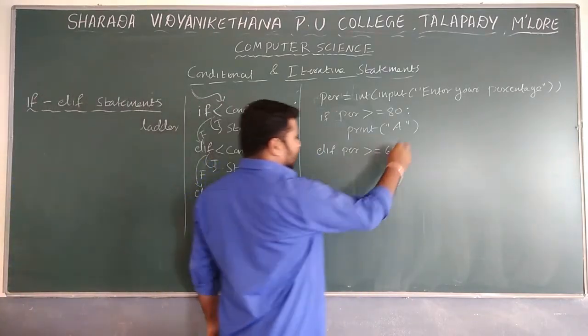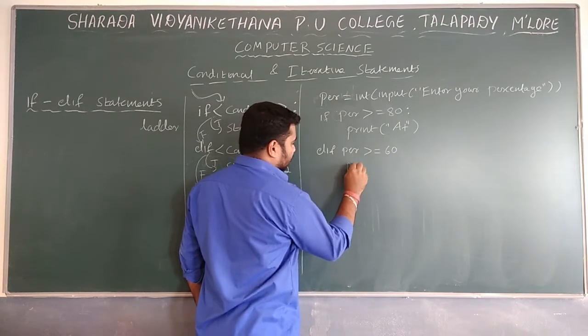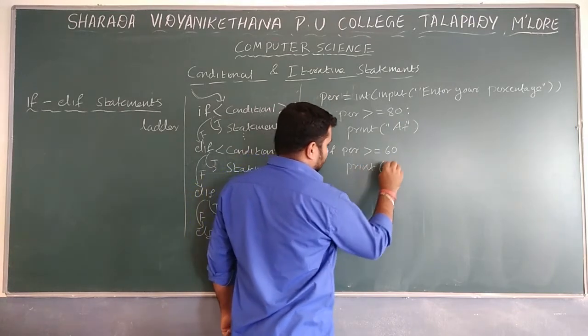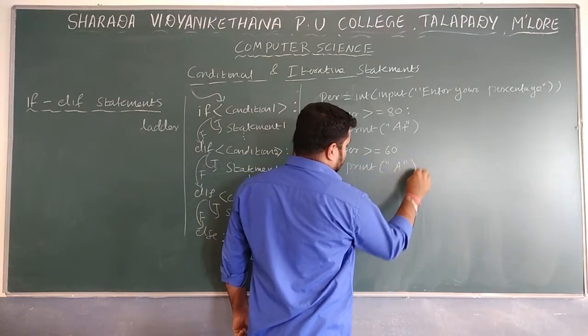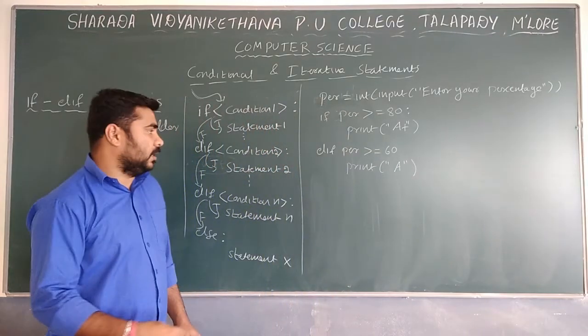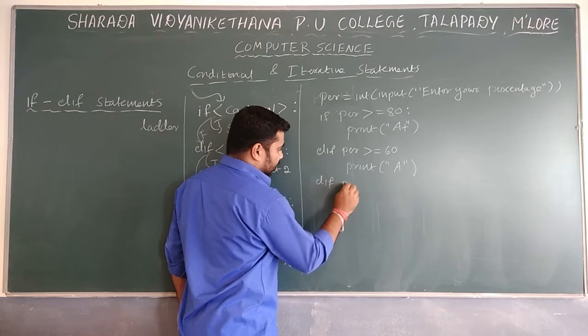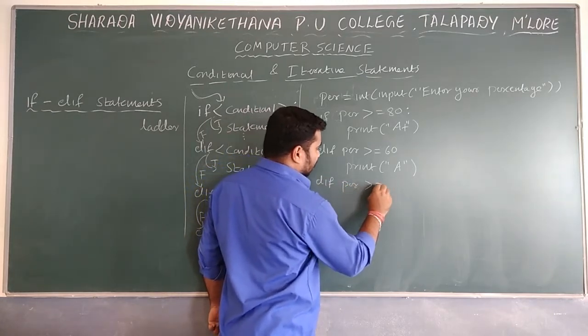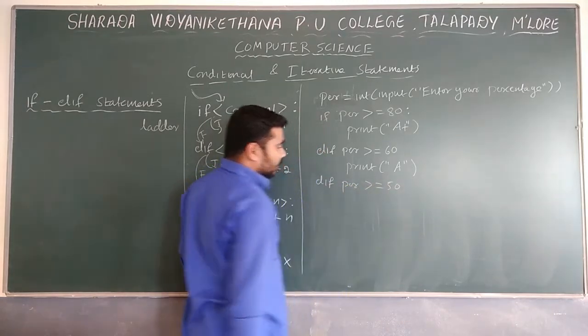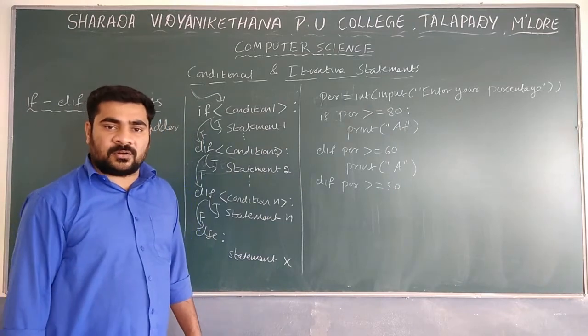So if I use A plus here, I can print A. Then A plus, then A. Next, elif percentage greater than or equal to 50.